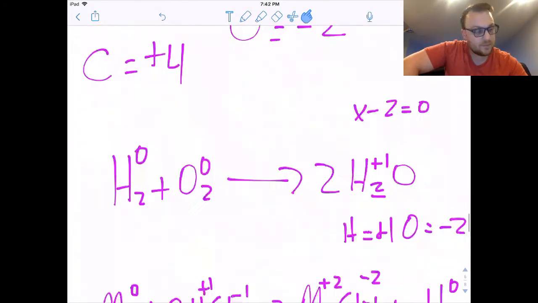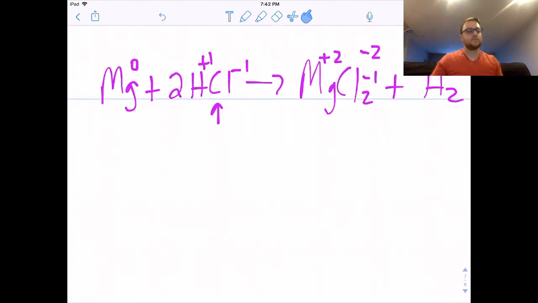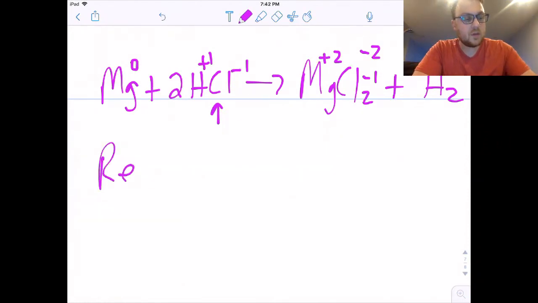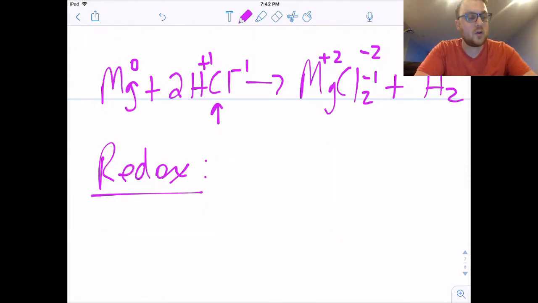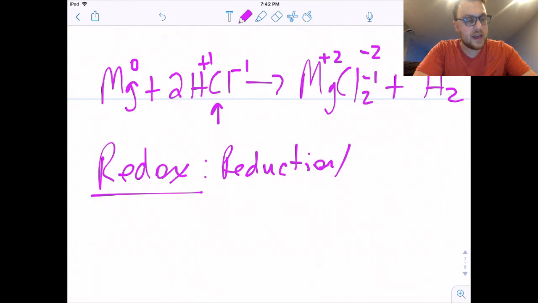How can you tell if you have a redox reaction? Generally speaking, how do you know if reduction/oxidation is even occurring? Well, a single replacement is always redox.